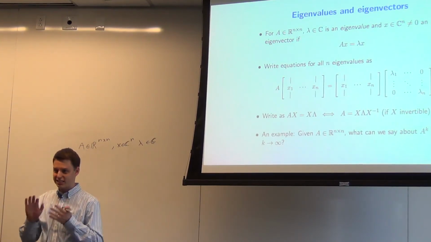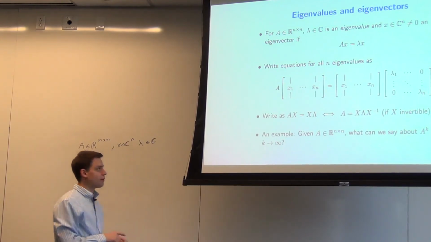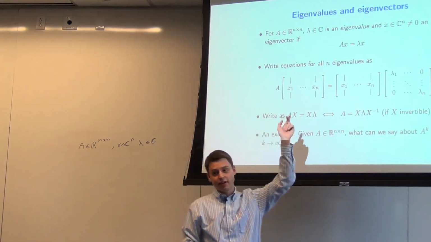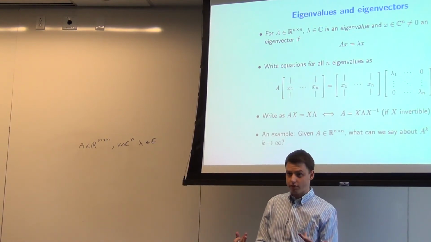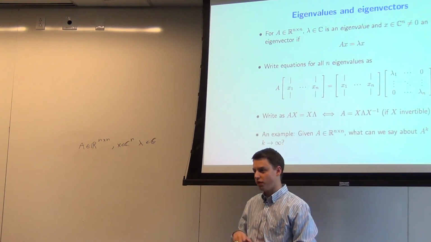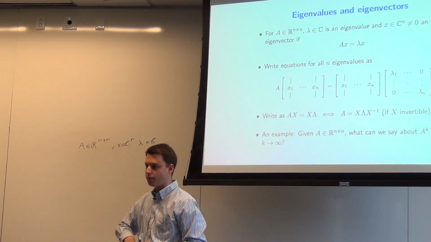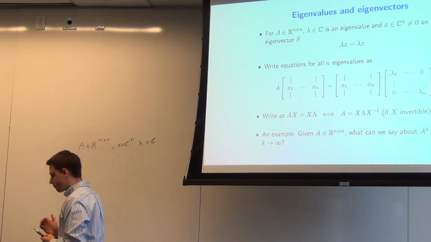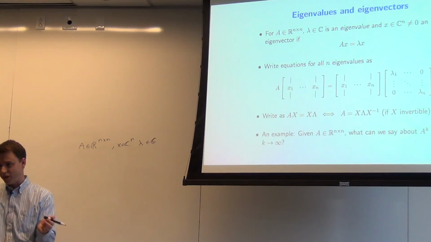That can cause nasty situations. Also, if x is an eigenvector, then any constant times x will also be an eigenvector, right? So we're always going to assume that eigenvectors are normalized to have unit norm.